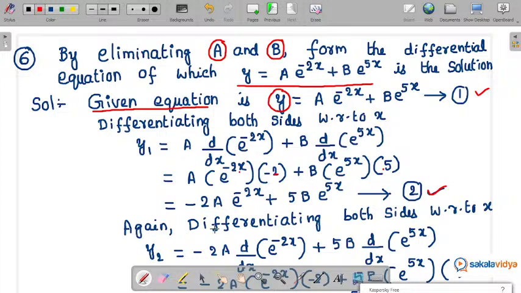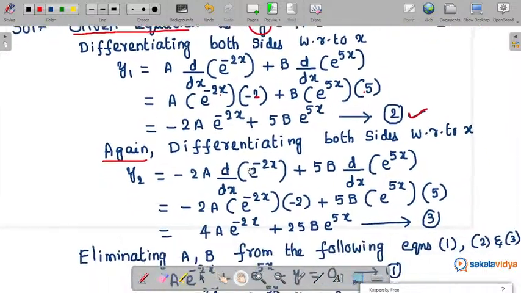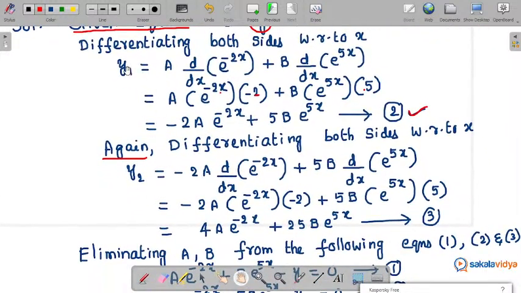Again differentiating with respect to x. So what do we get now here? y1 becomes y2 equals minus 2a into d by dx of e power minus 2x plus 5b into d by dx of e power 5x.